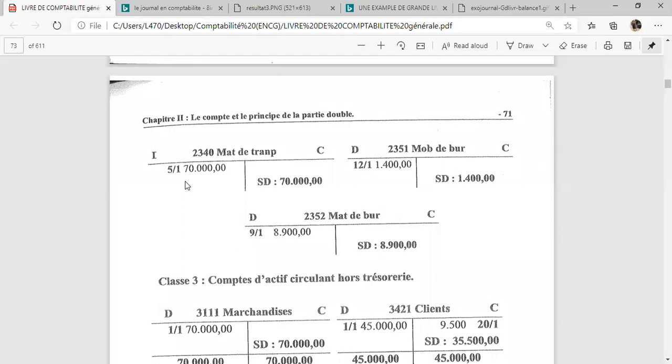So maybe we're getting from the source documents, let's say the journal and the Bilan. When recording in the Grand Livre, is there an order from which book we should start with? Do we start from the Bilan or the journal? So you are speaking of the order in how we should arrange the books. Exactly.